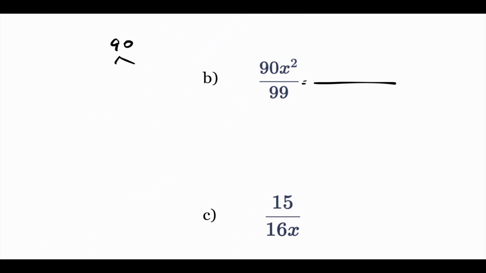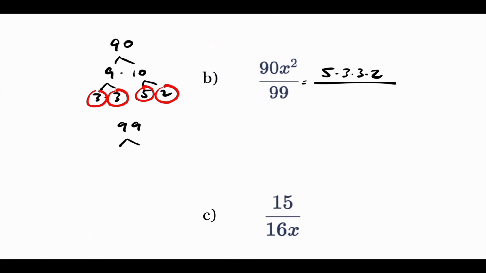Break down 9. Break down 90. 9 times 10. 3 times 3. 5 times 2. So it's 5 times 3 times 3 times 2. 99 is 9 times 11.